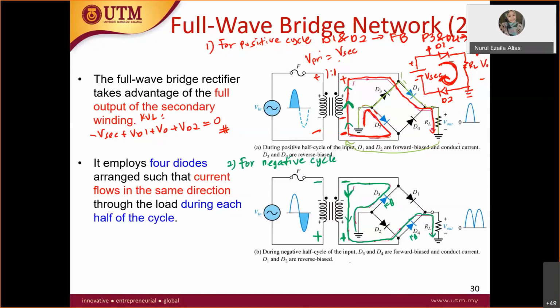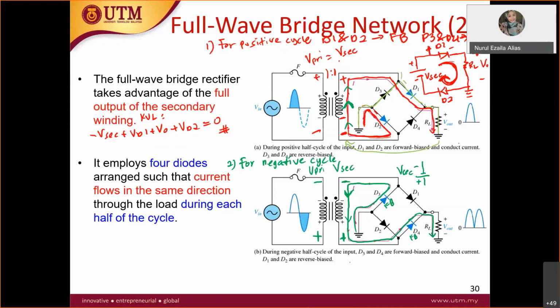If you want to draw the circuit again, this is how it looks. You can draw it the other way around, upside down, or in a different direction. Let's draw it like this. I want this as my negative and plus V secondary, so this is your V primary and this is your V secondary.